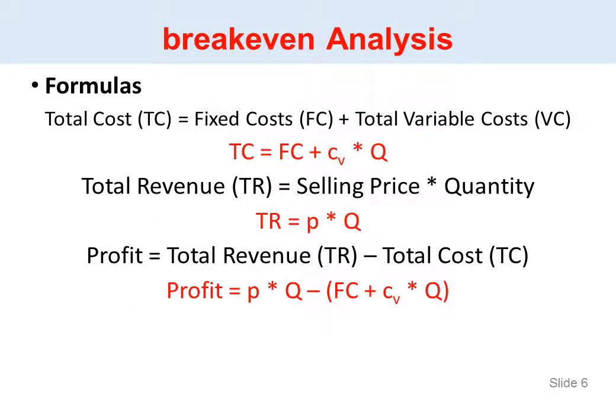Here are the formulas I used. The total cost is the fixed cost plus the total variable cost, and the total variable cost is CV multiplied by Q. Look at the red equation: total revenue TR equals the selling price multiplied by the quantity.